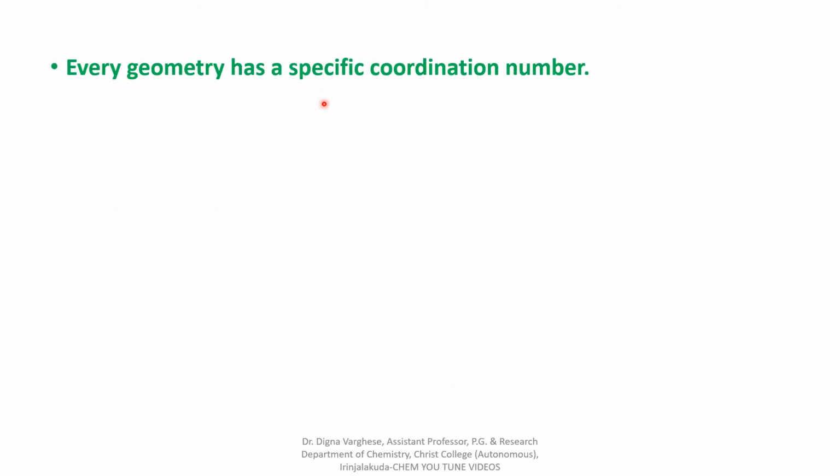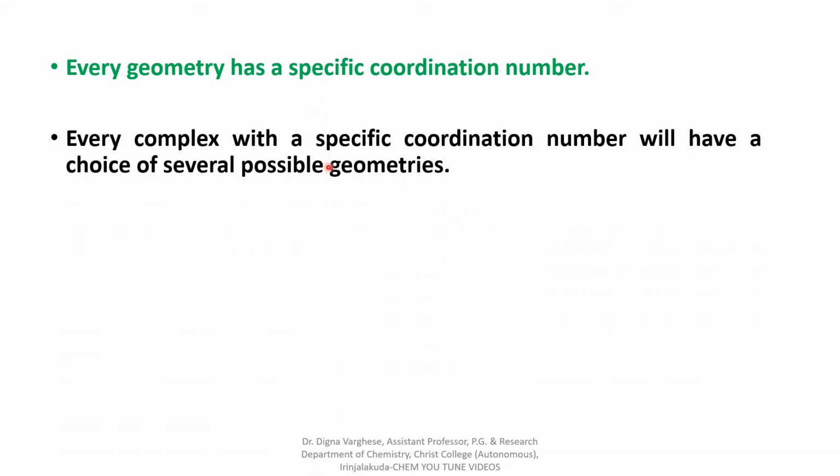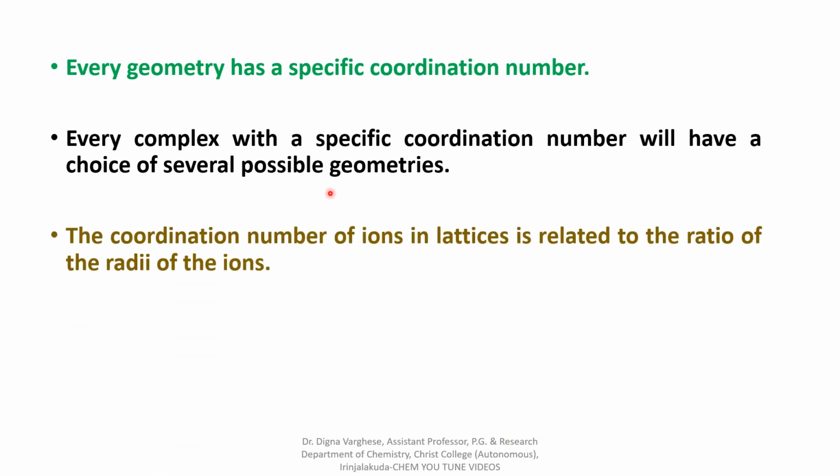Every geometry has a specific coordination number. Every complex with a specific coordination number will have a choice of several possible geometries. For example, we know the coordination number is 4. It has different coordination geometries.